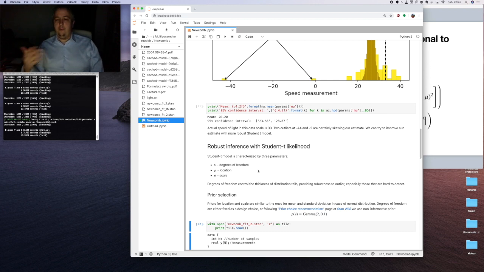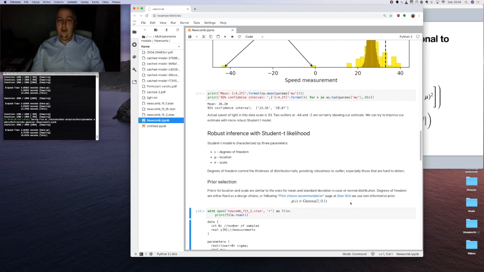However, there are certain resources we can use. For example, at the Stan Wiki, we have a page called Prior Choice Recommendations, and there is a suggestion of using a non-informative prior for degrees of freedom, which is a gamma distribution parametrized by 2 and 0.1. There are other options.